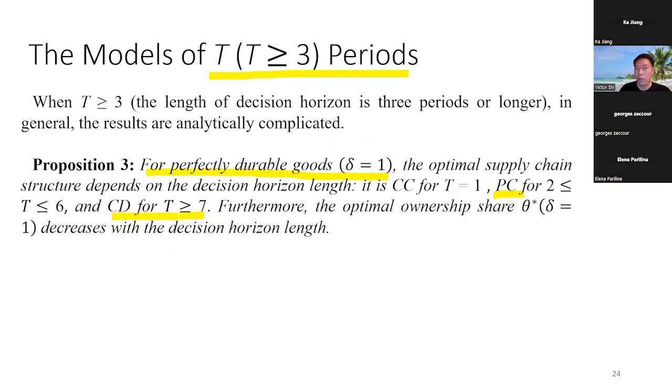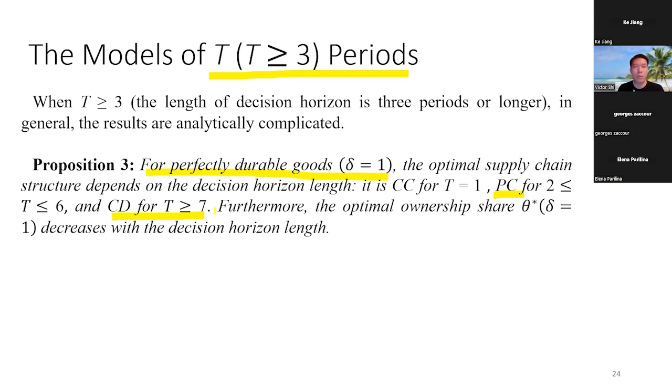So, when the decision horizon length is 7 or more, that means the time inconsistent problem is quite severe, because as time goes by, you need to consider all the products in the market, and the number of units of products in the market will be higher and higher.